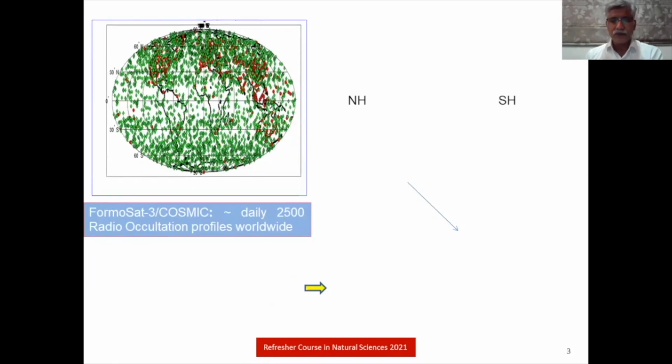But you can see from here, this is a globe, and the green dots over the globe are the locations where in one day you are having a profile from the ground up to 40 kilometers.